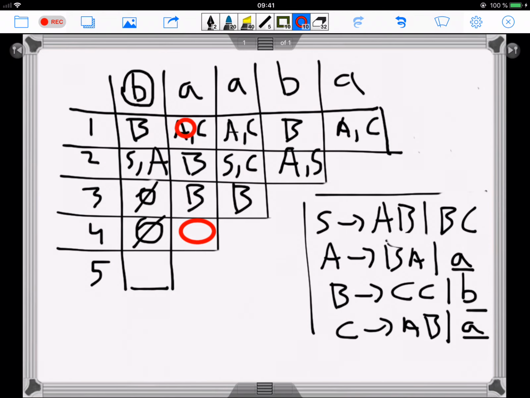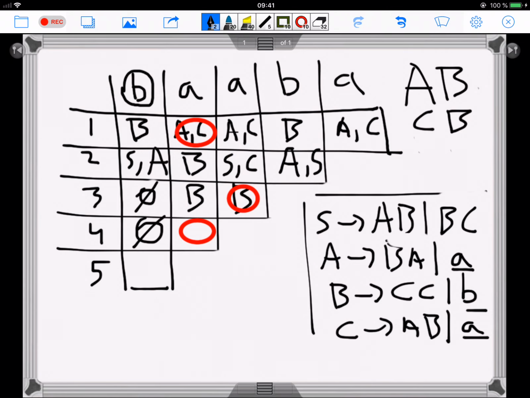Then we have AC with B, and the possibilities are AB, or CB. And AB is generated by both A and C. No, S and C. Okay, so I think there is a mistake in the slides.